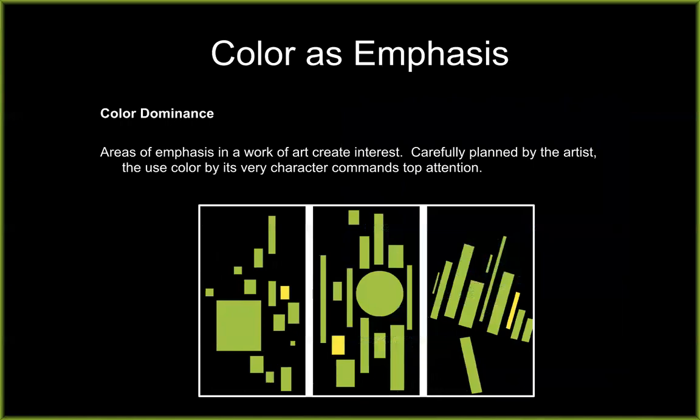You use color as emphasis. So here we have just abstract shapes, but we have one element that's a different color, and so it creates a focal point in each of these, and also a sense of movement in each of these 3 examples here.